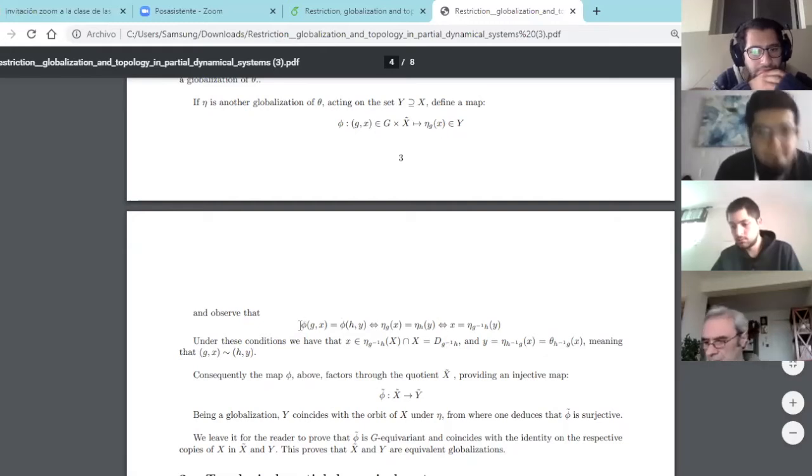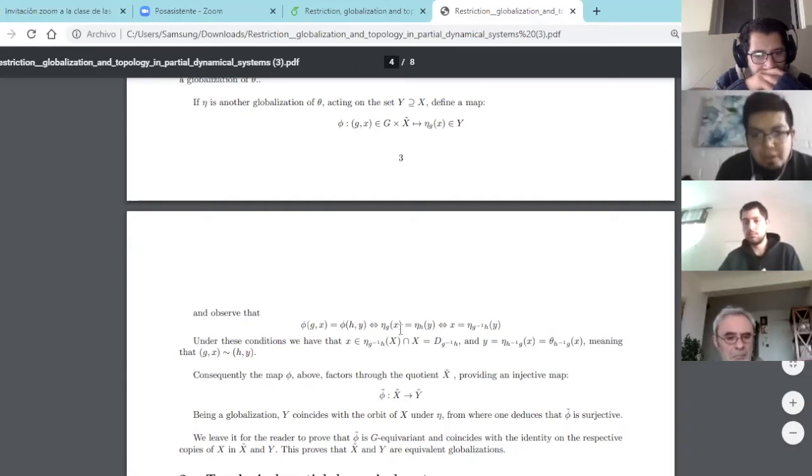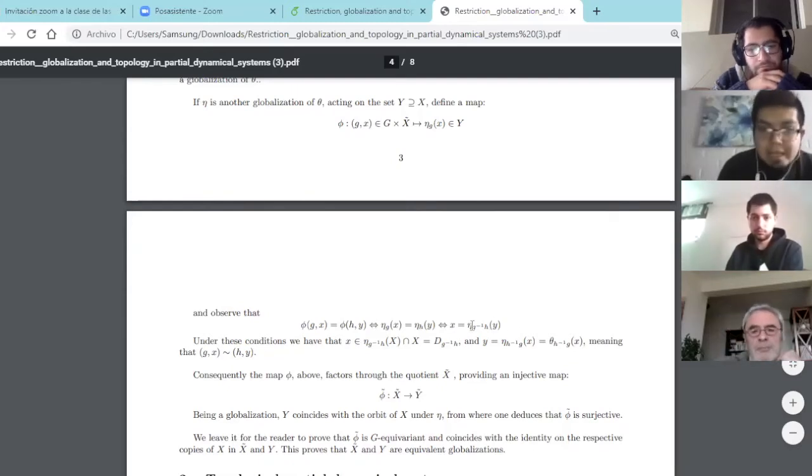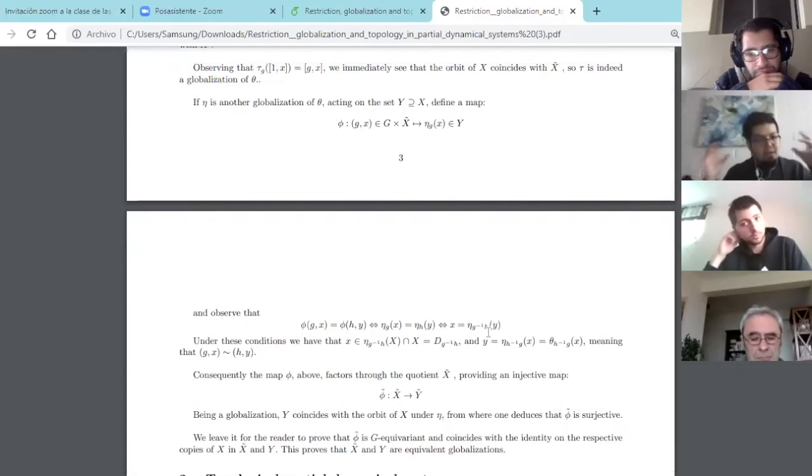And what do we have? That this phi of (G, X) will be equal to (H, Y) if and only if their images with their corresponding element of the group are the same, which is the same as to say this one. And here I can actually put eta on the other side, because we are thinking that they are globalizations, so these are global actions.